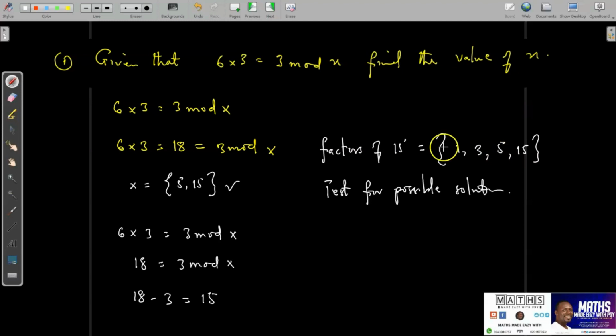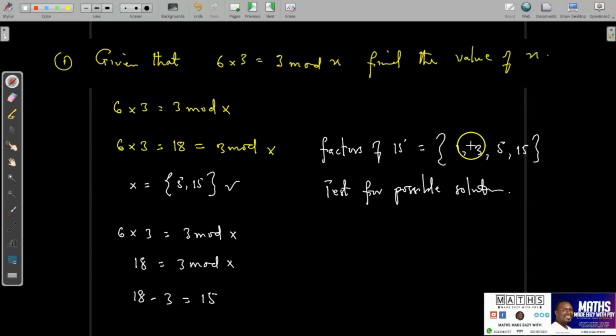If it is 5, if it is 15, you have to test. If we are working in mod 1, 18 divided by 1, the answer is still 18. So the remainder would have been 0. Do you agree? Yes. And we don't have 0 here, we have 3, so 1 is not a possible solution.